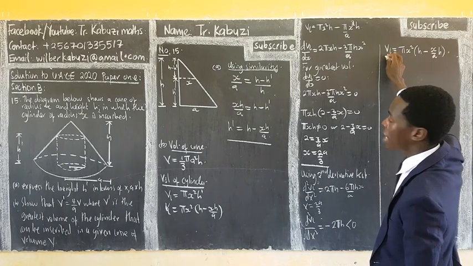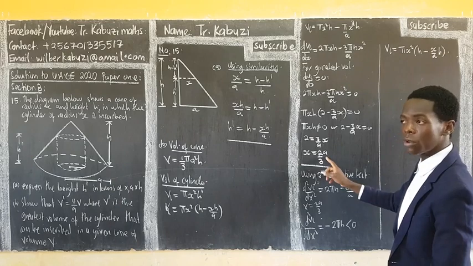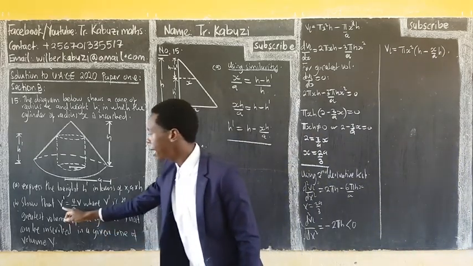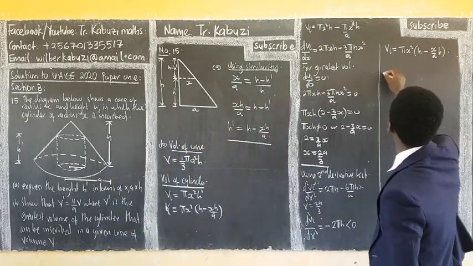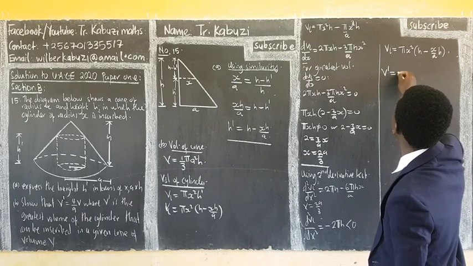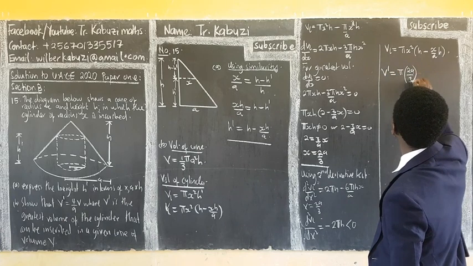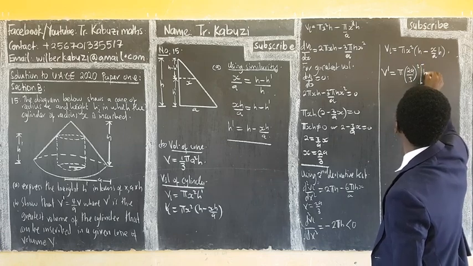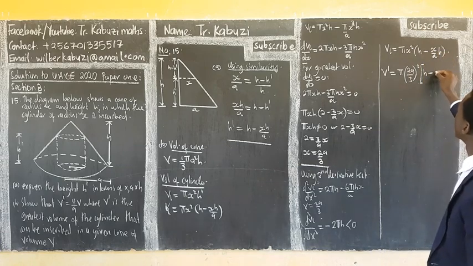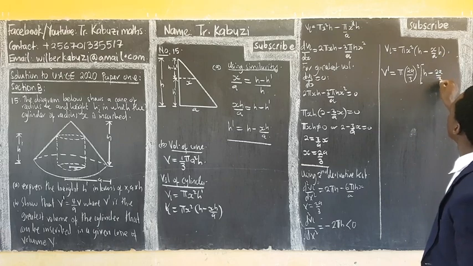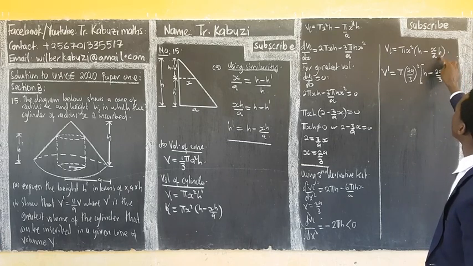This now means that when I put in the maximum, this is going to be the maximum. Now this one becomes part B. Now my answer is going to be pi into 2a over 3 squared into h minus x, which is 2a over 3 times h over a.